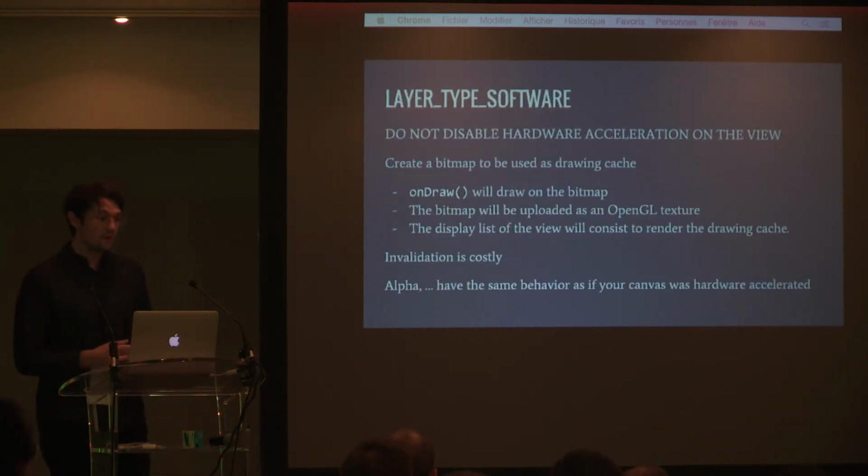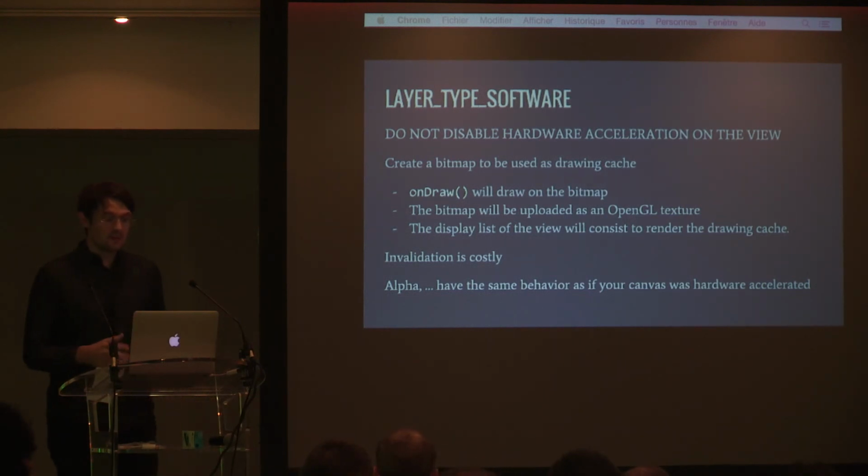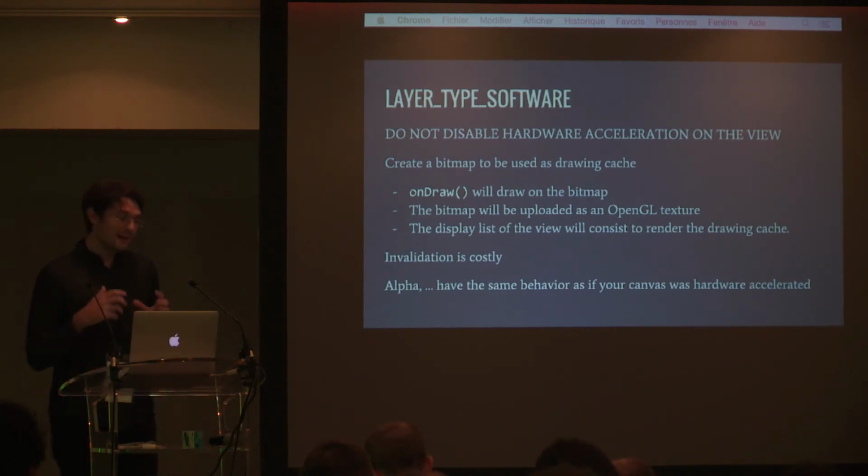So the layer type software. The view cache will be simply a bitmap. Really, the bitmap you can find in the Android API. So instead of drawing on the display list, as I've explained before, you will have a bitmap where your view will be drawn.